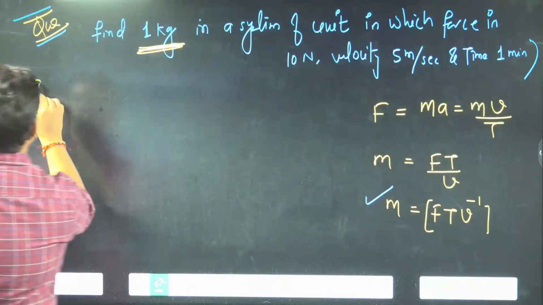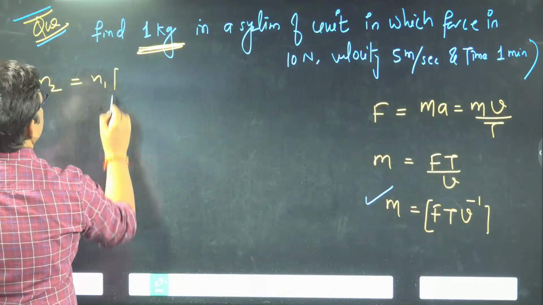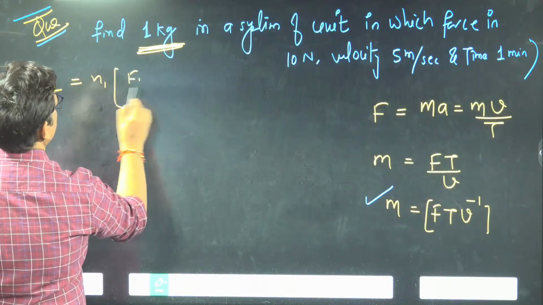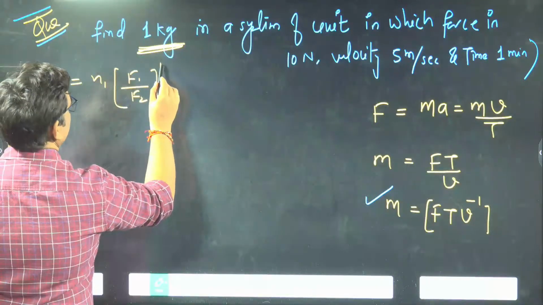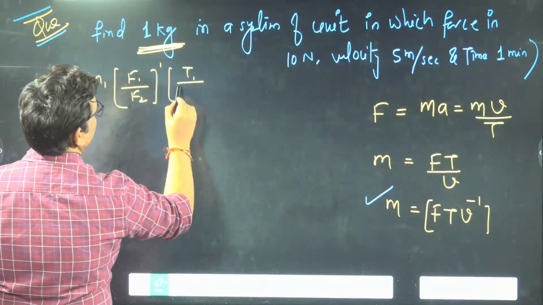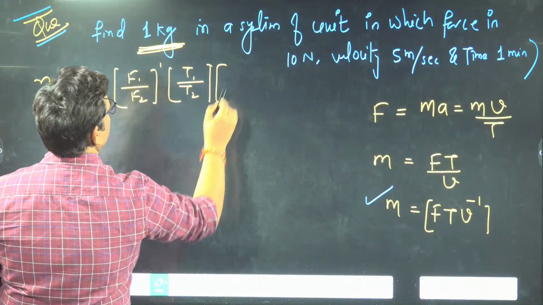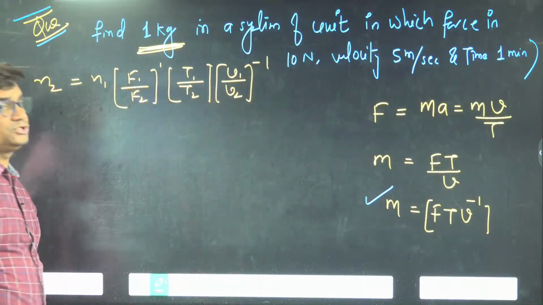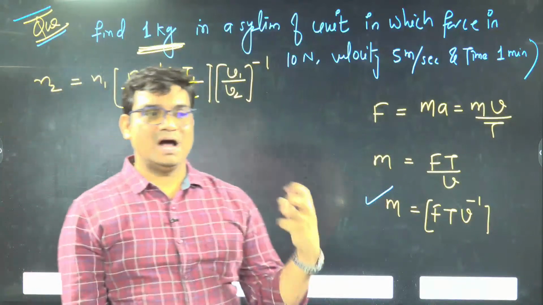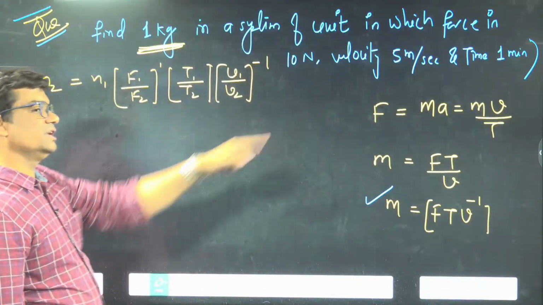So now we can say n2 is equal to n1, and with the dimensions we got here, we can write F1 by F2 power 1, then T1 by T2, and then V1 by V2 power minus 1. Here we have the dimension of mass, because mass conversion was required.